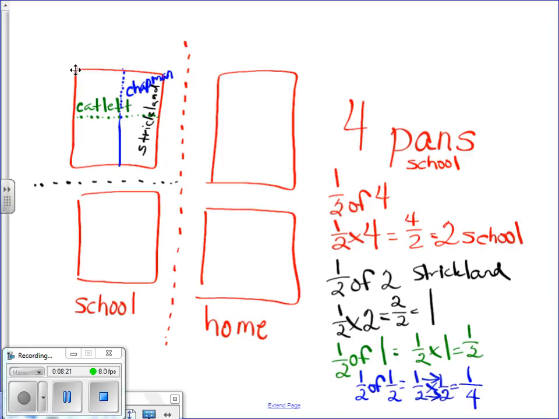I take my fourths, I take a half of a fourth, and I have 1/2 of 1/4. Multiply across. 1, 2, 3, 4, 5, 6, 7, 8. I have my 8, and I multiply across.